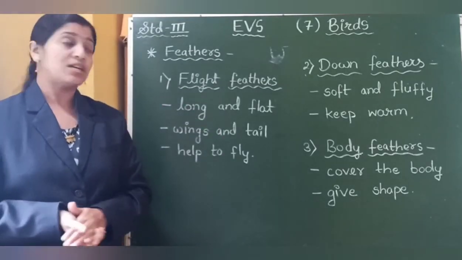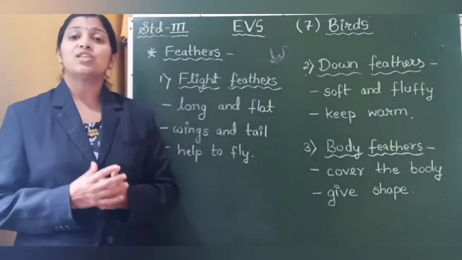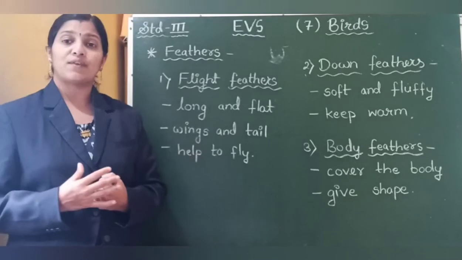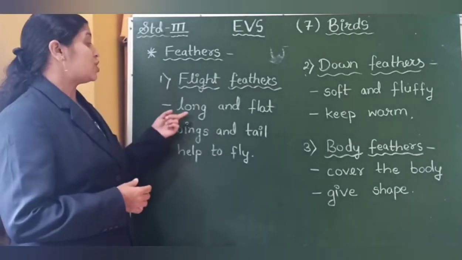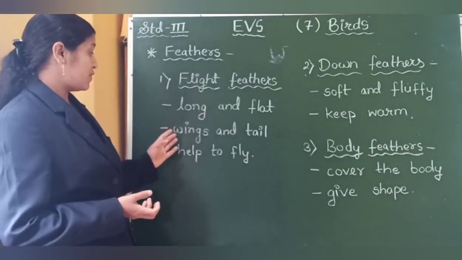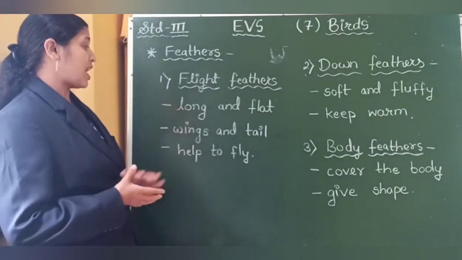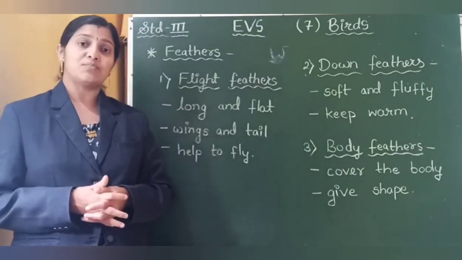The flight feathers are long and flat. So the feathers which help the bird to take a flight, to fly in the sky, how is their shape? It is long and it is flat. And these feathers are found on the wings and the tail of the bird's body.